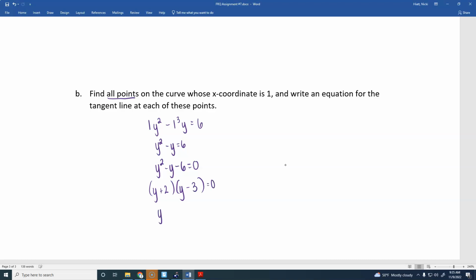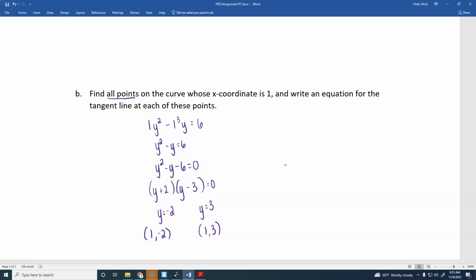Alright, so y equals negative 2 and y equals positive 3. So that means our point here is (1, -2), and our point here is (1, 3). So those are our 2 points.